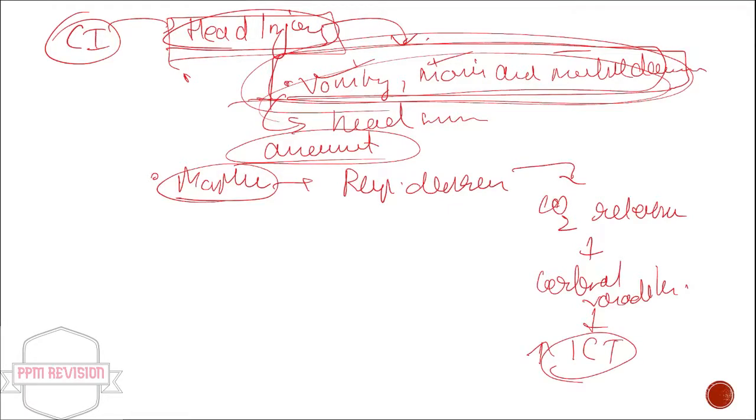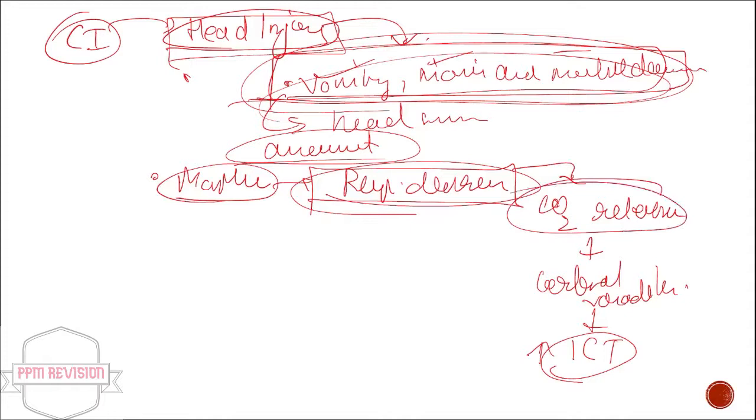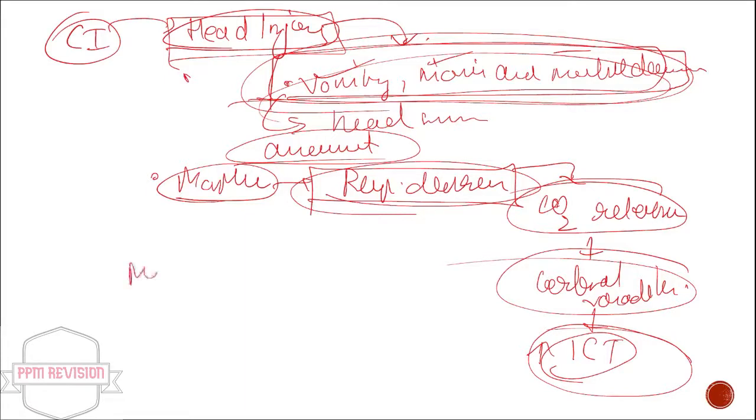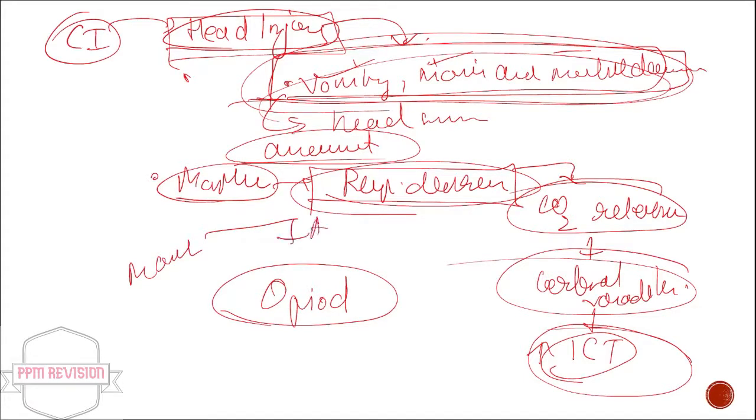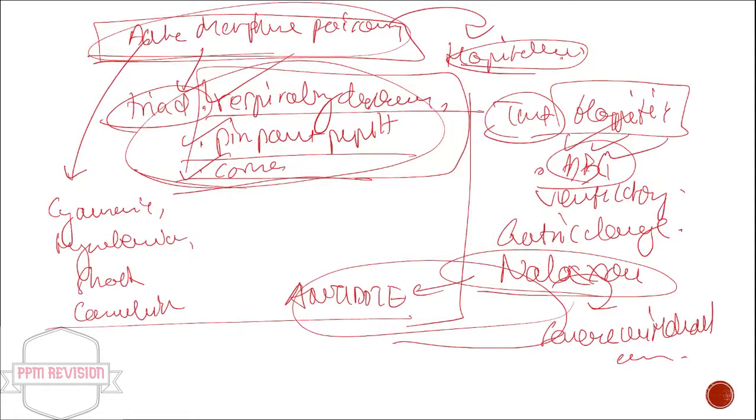So let me go again: with morphine, respiratory depression is seen, CO2 retention is seen, cerebral vasodilation, and increase in intracranial tension. Now just recapping the entire thing: morphine is an agonist, and naloxone is an antagonist. This is an important point that needs to be known as well.